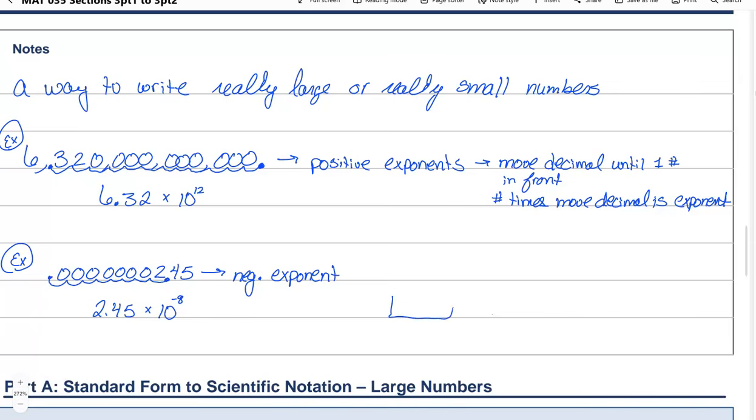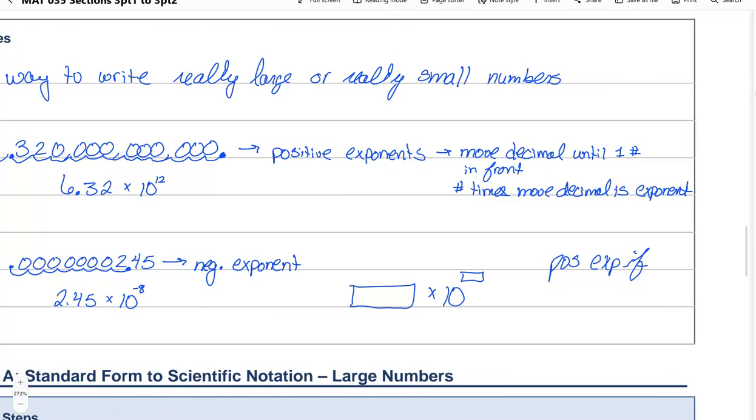So it's always going to be some number times 10 to some power. The power is going to be a positive exponent if it's really big, and a negative exponent if it's super small.